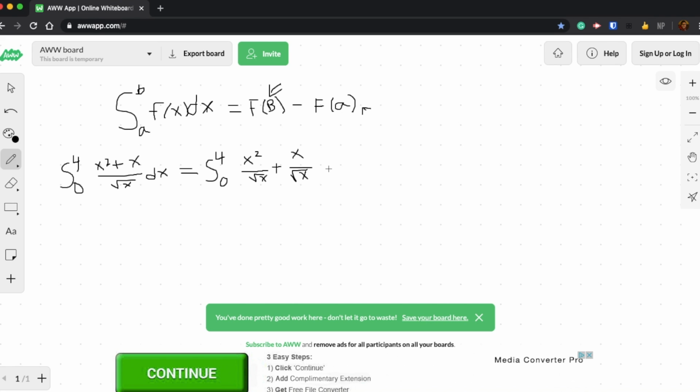Now that would be equal to, putting this into x to an exponent, the integral from 0 to 4 of x to the 3 halves plus x to the 1 half dx.